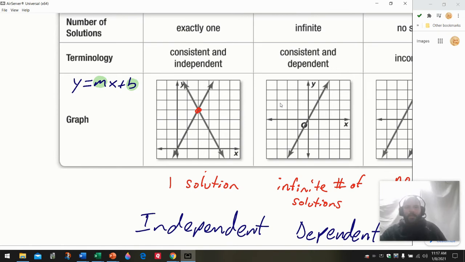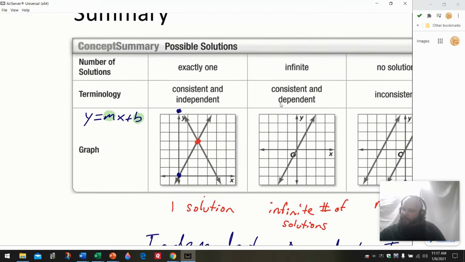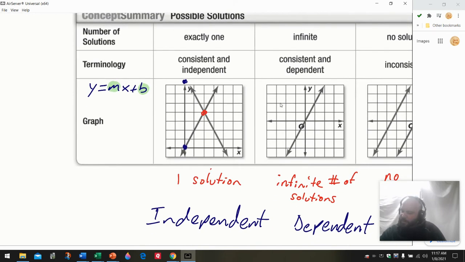Let's start with the y-intercept, since we call it the beginning or the b point. This y-intercept is way up here, and the y-intercept of the other one is way down here. So you can see the y-intercepts are different. And so that's what I want to say right here: b is different.